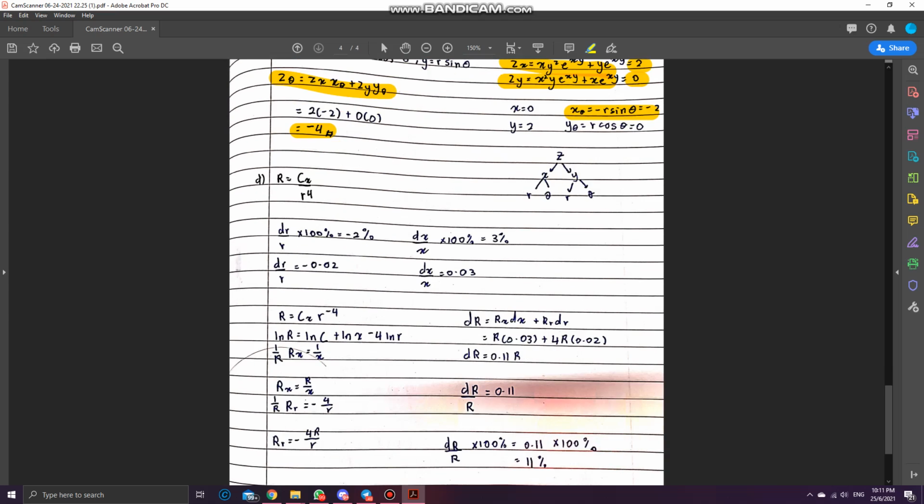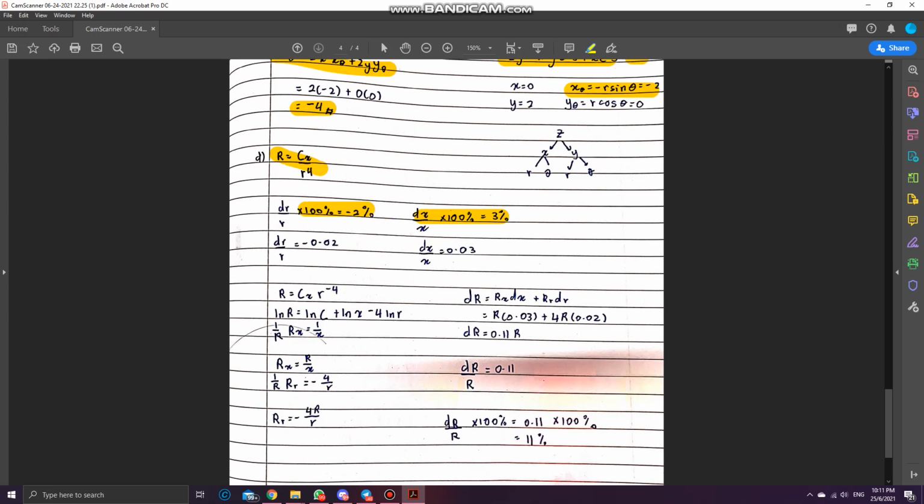So for question D, r is 6 sec x over r to the power 4, and the question already gave the percentages. To find the value of the percentage, dr over r is equal to negative 0.2 and dx over x is 0.03.